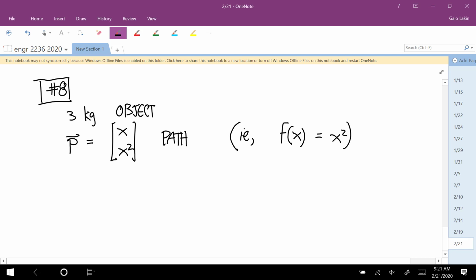But the vector is what we want; this gets us one step closer to how we want to do this. And the speed is 8 meters per second the whole time.